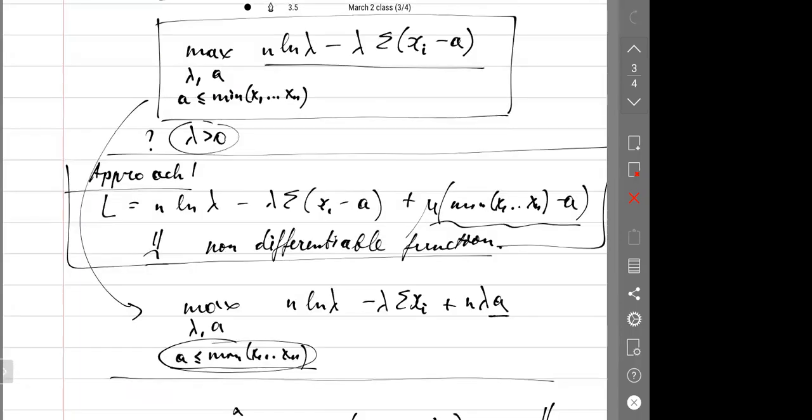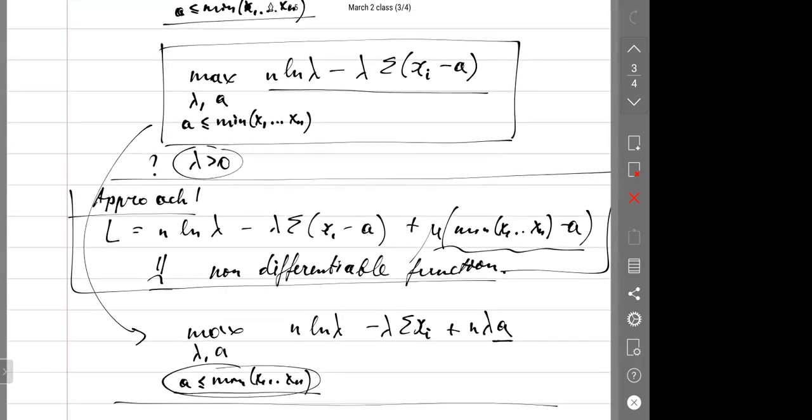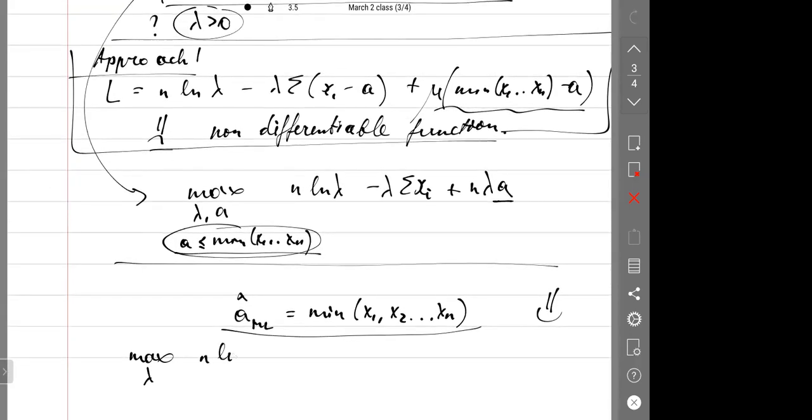And so we now maximize with respect to lambda: ln lambda minus lambda times the sum of xi minus the minimum of x1 through xn. Here we have no problems with the derivative or the logarithm, so we can just find the derivative.